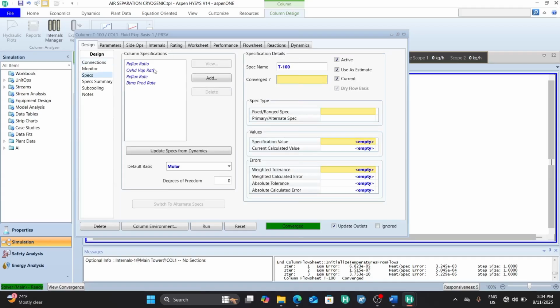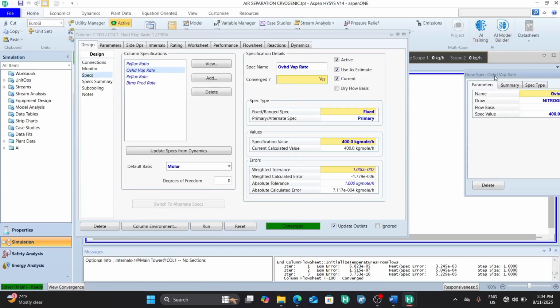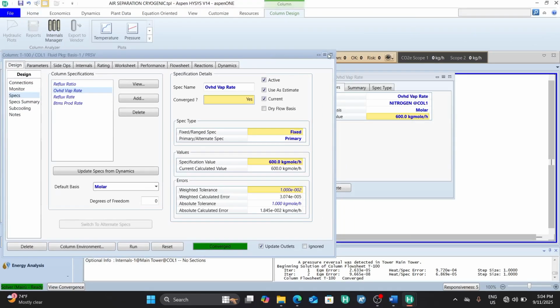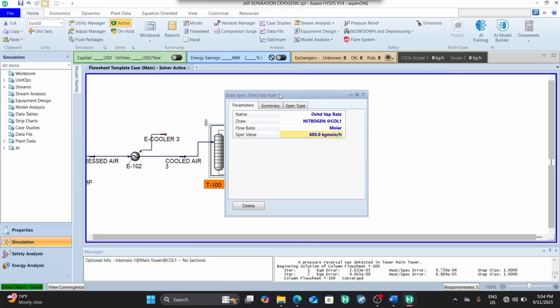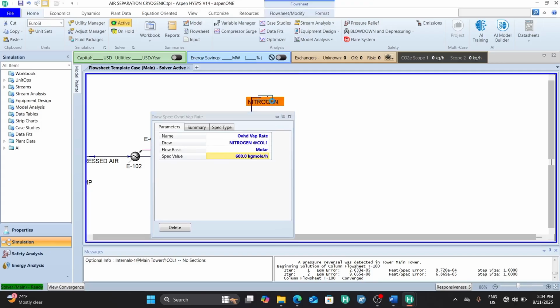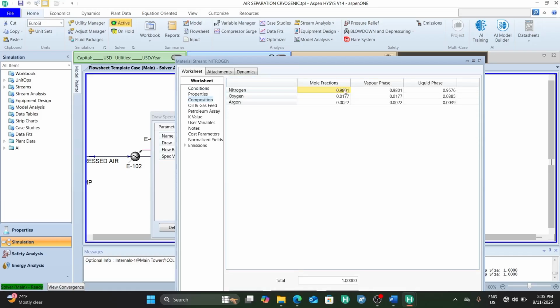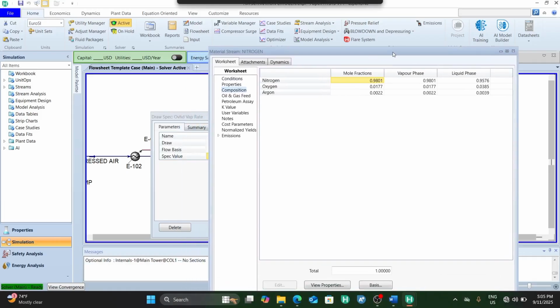So what we might just do is we could just increase our vapor rates. Let's say we push it up to about 600 kilogram mole per hour, and then with that we just take this off, and then we inspect our nitrogen product stream. Currently having a molar flow rate of 600, and currently having 98.01%.